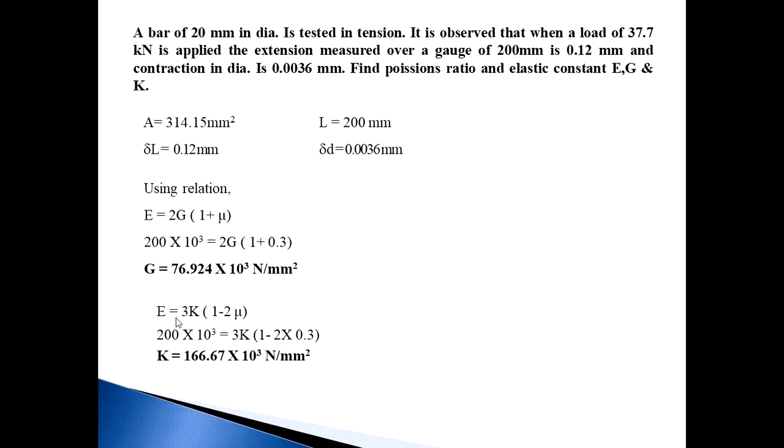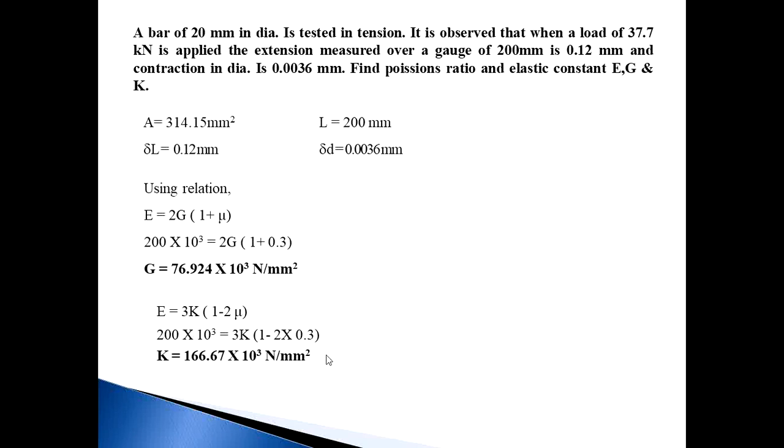Then E is equal to 3K(1 minus 2 mu), so 200 into 10 raised to 3 is equal to 3K(1 minus 2 into 0.3). In this equation the unknown term is K. So the K value is 166.67 into 10 raised to 3 Newton per mm square.